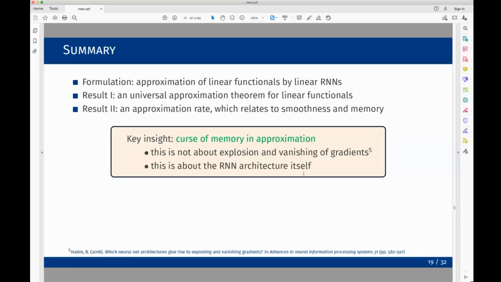At the level of approximation, we have already encountered a serious issue if our target functionals have very long-term memory, and we can make this long-term memory dependence very precise in the case of linear functionals and linear recurrent neural networks. So this problem is about the recurrent neural network architecture itself. It's not about optimization problems. That's our main finding in the approximation part.